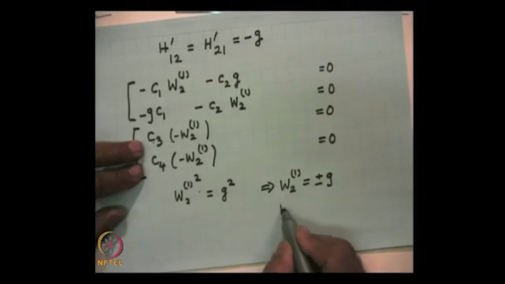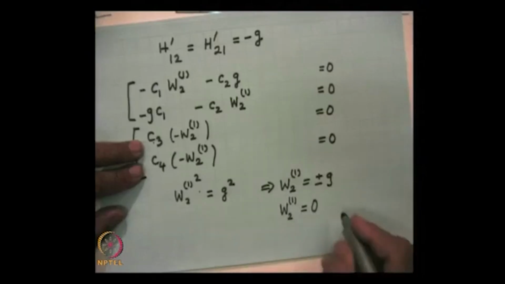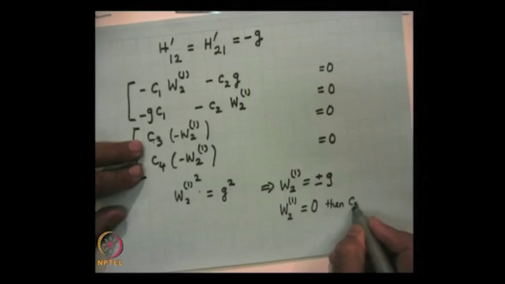But if I choose W21 equal to 0, then C3 and C4 can be arbitrary.